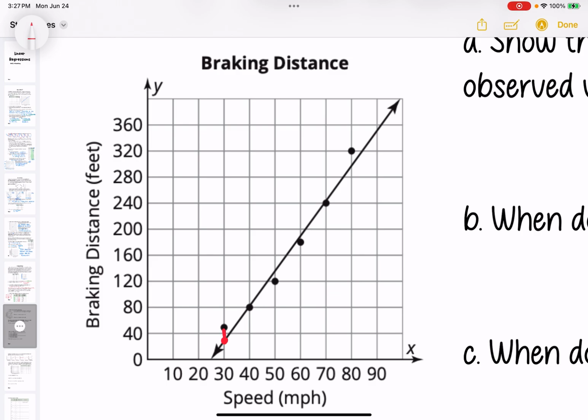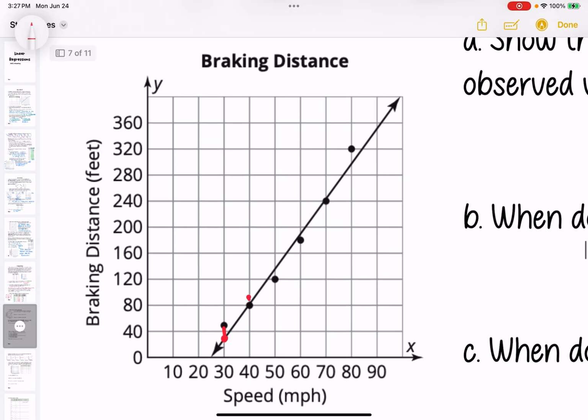Our observed value was 80, and our predicted is 82, and I'm just going to connect them. On the graph, our observed was 120, but our predicted is 136.